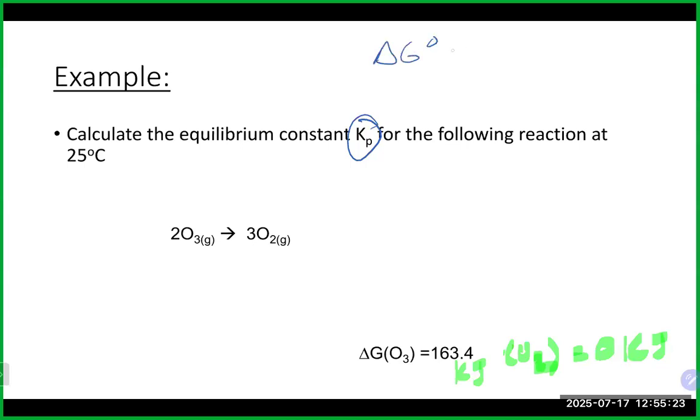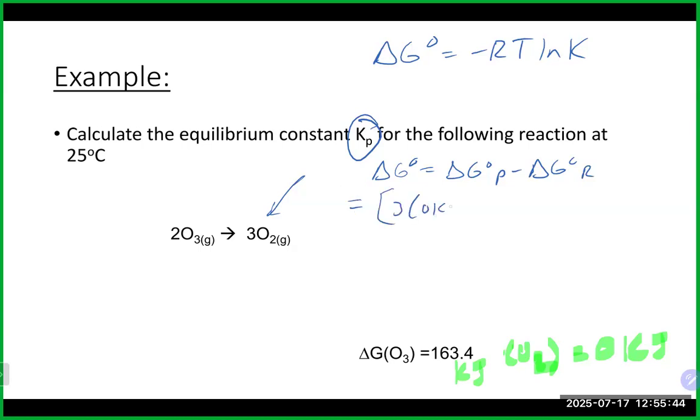Delta G is minus RT natural log of K. In this case, we could get our delta G by going to the table and doing products minus reactants. And in this case, our delta G would equal 3 times 0 kilojoules for our products minus 2 times our reactants, 163.4 kilojoules in this case.